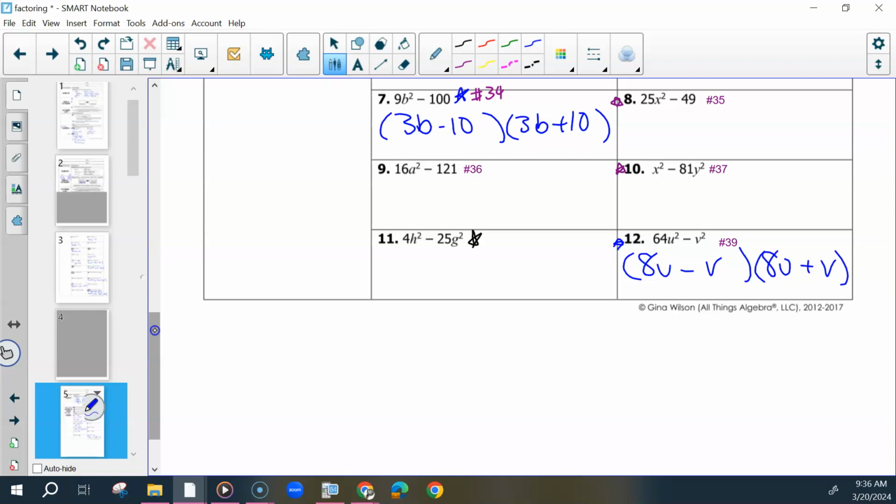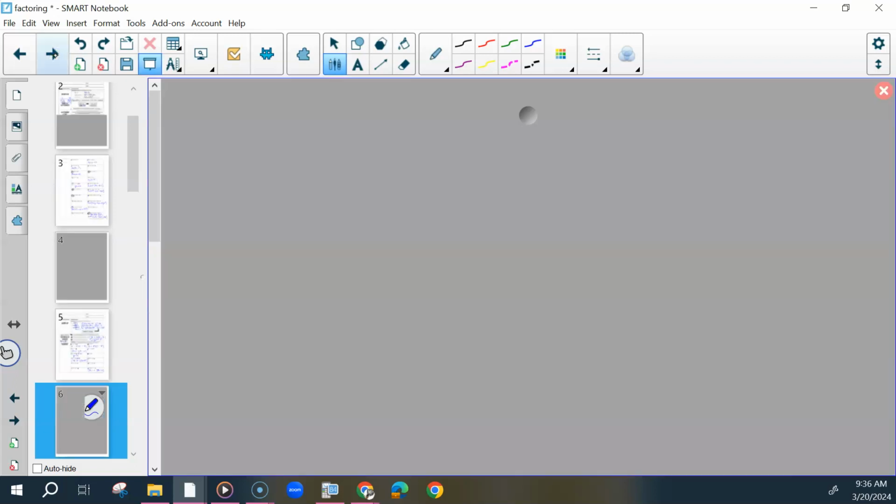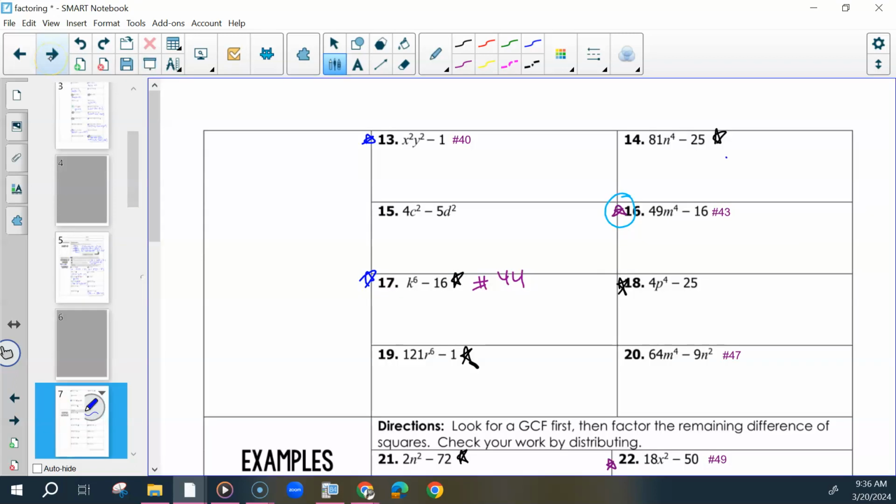Turn over to the back. Now this top part, these are a little bit more challenging because you may see more variables together or higher exponents. As long as the exponent is even, you just divide that by 2. And then everything else works the same.